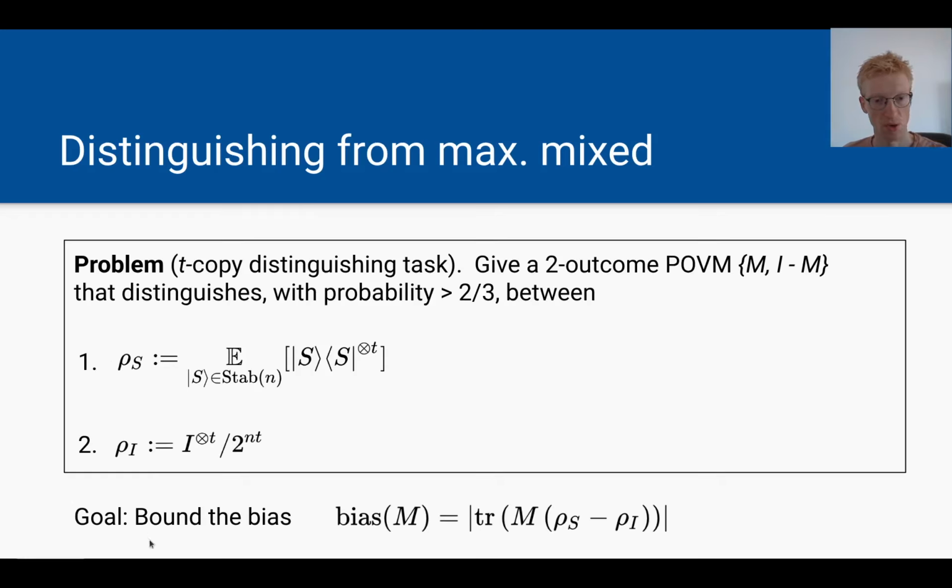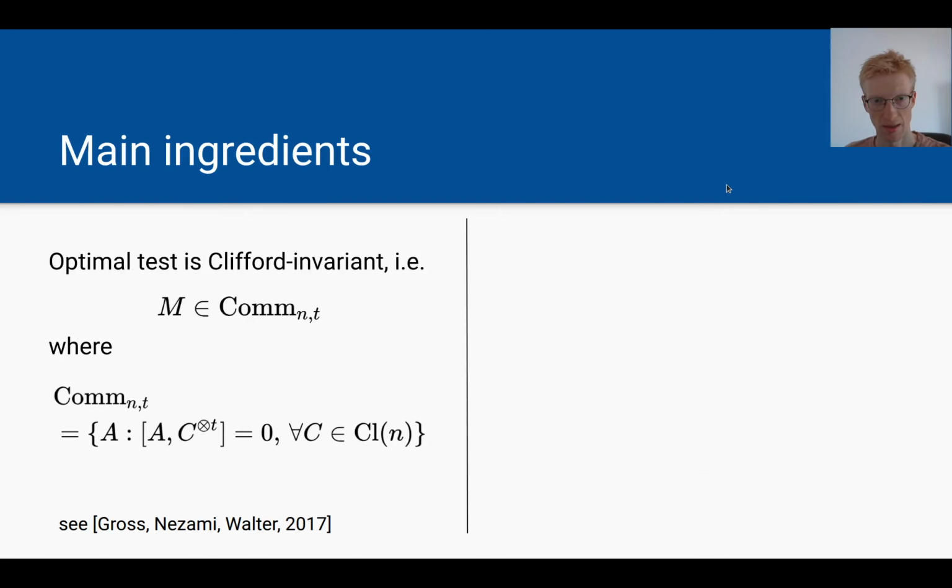Our goal to prove a lower bound is to bound this bias, so to show that it is small unless t is sufficiently large. And if the bias is too small, then the test automatically cannot distinguish between these two cases with probability 2/3. Okay, so how do we bound the bias? I won't go into the details, but I will only touch on the main ingredients.